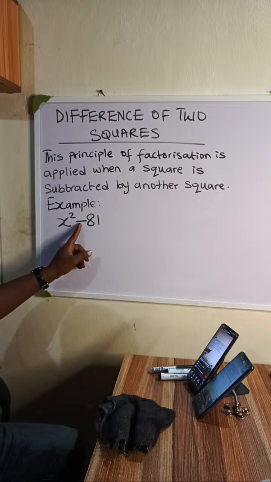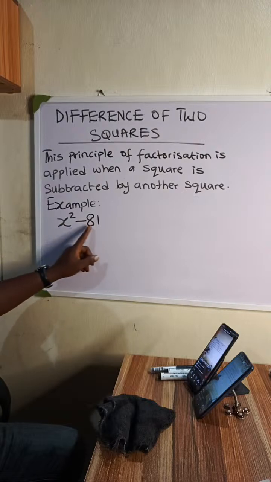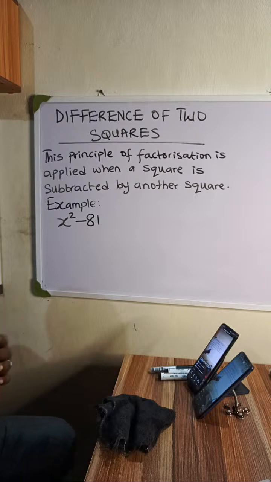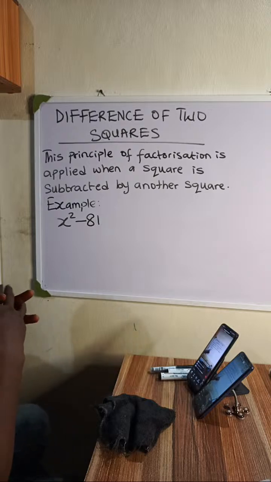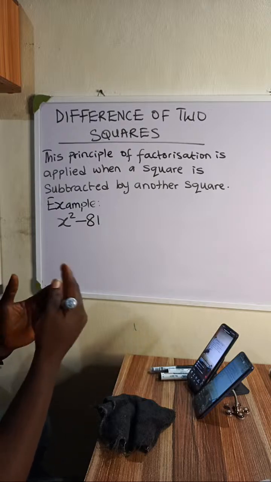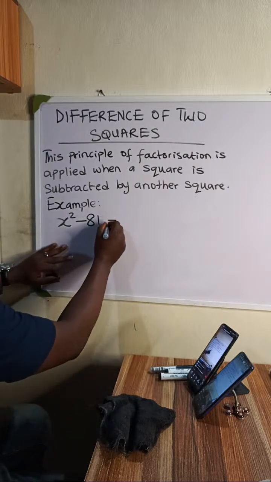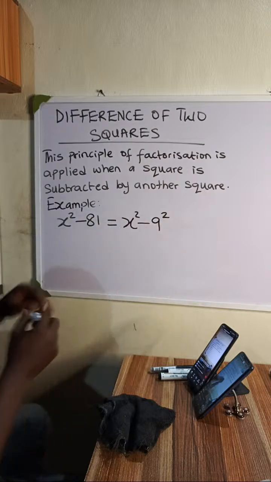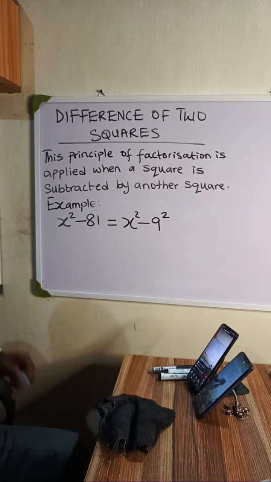We know that this is a difference, so we have an idea that we can use difference of two squares. But there is no common factor between x squared and 81. So what do we do? We have to transform 81 to become a squared value. And 81 is the same thing as 9 times 9. So this means x squared minus 9 squared.